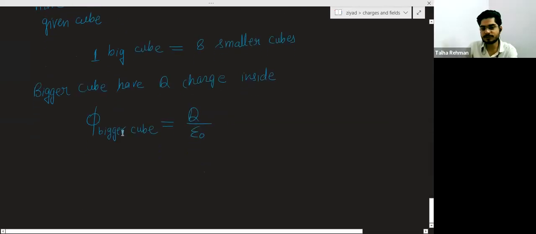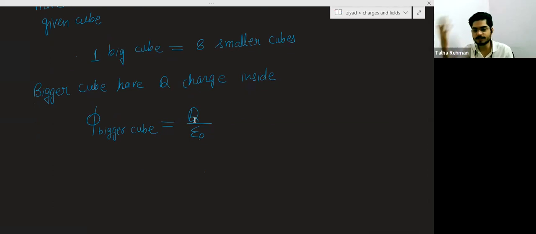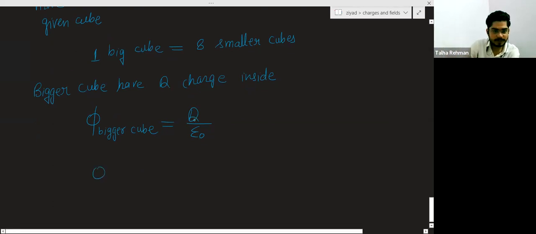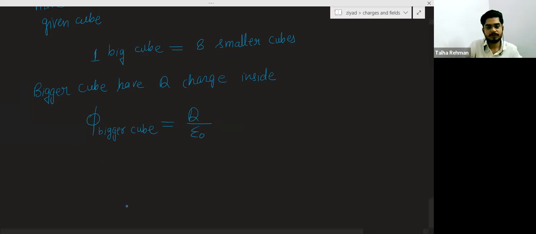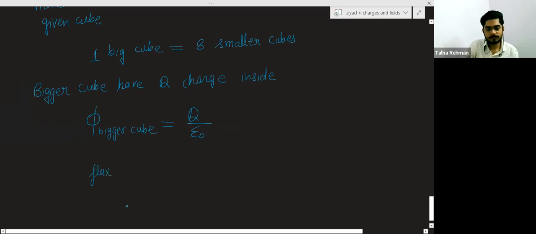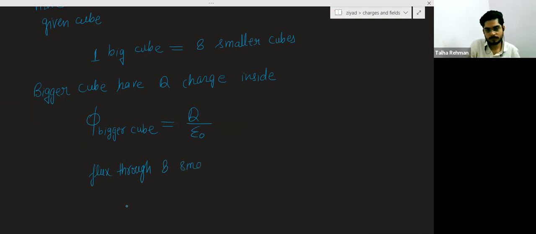So flux through the bigger cube is this, and this bigger cube is made up of 8 smaller cubes. So you can say flux through 8 small cubes is equal to q by epsilon naught, because one bigger cube is equal to 8 smaller cubes.